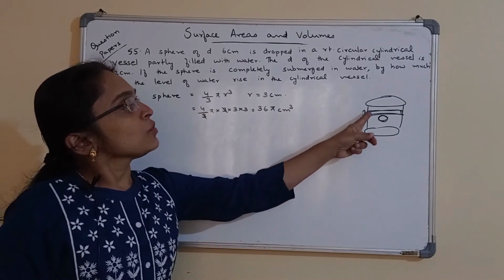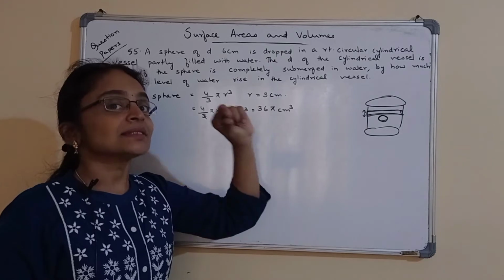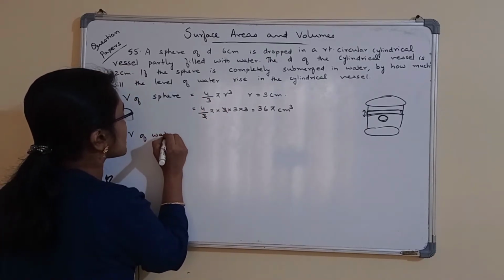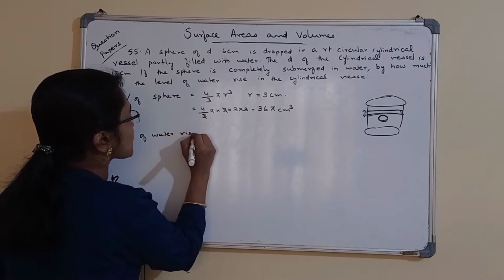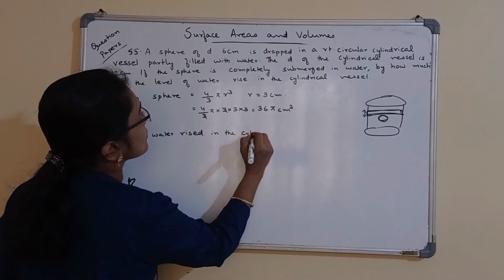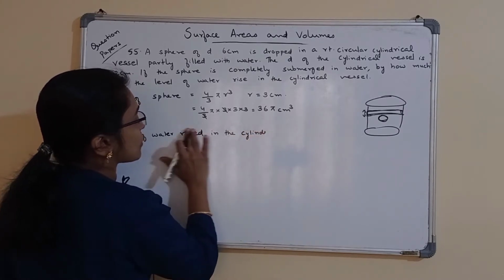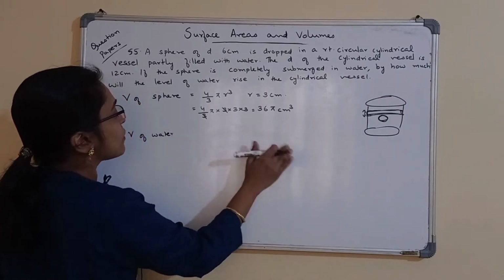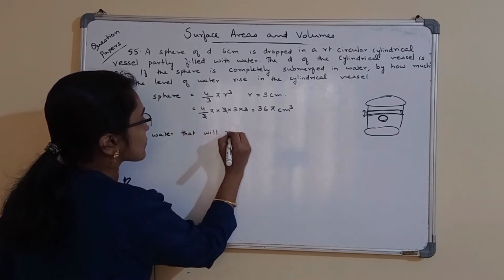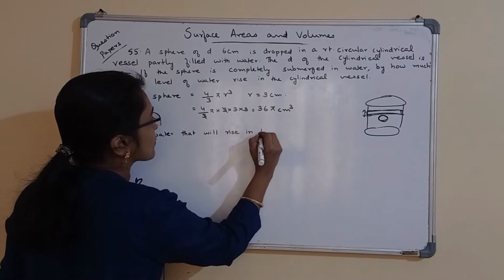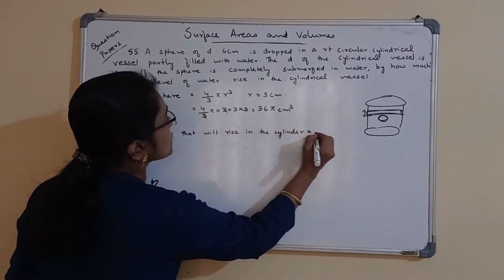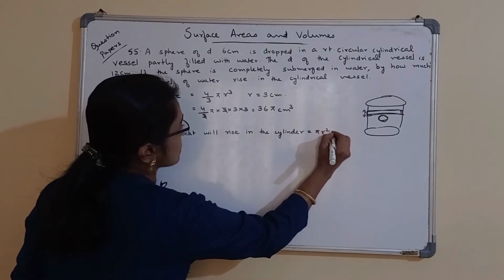Now, volume of water that is raised in the cylinder, or we can write volume of water that will rise in the cylinder is equal to pi r square h.